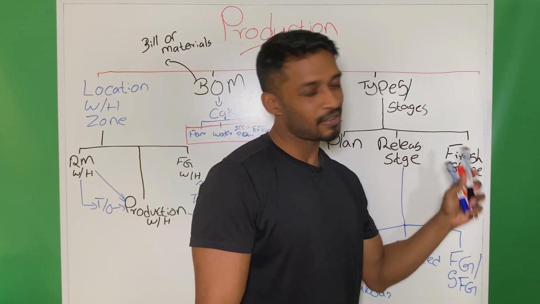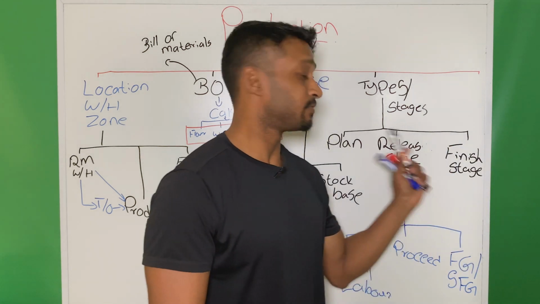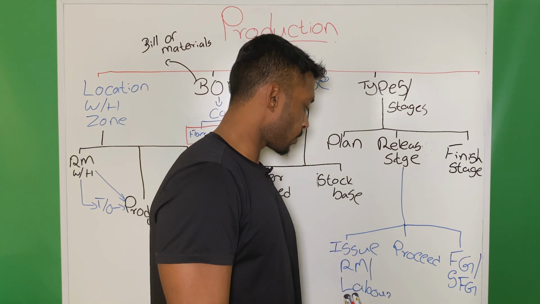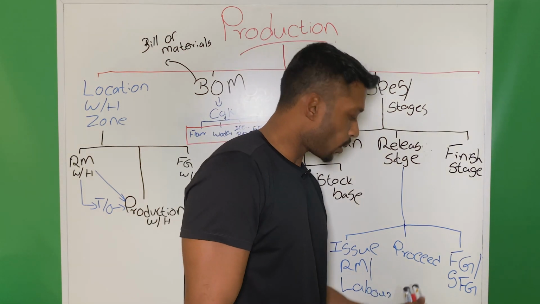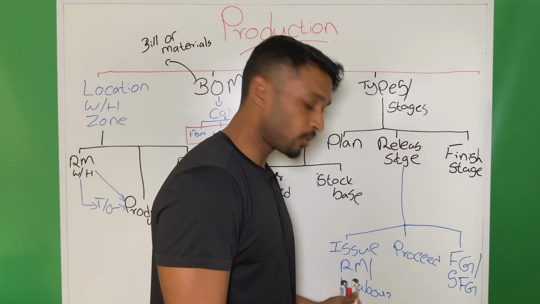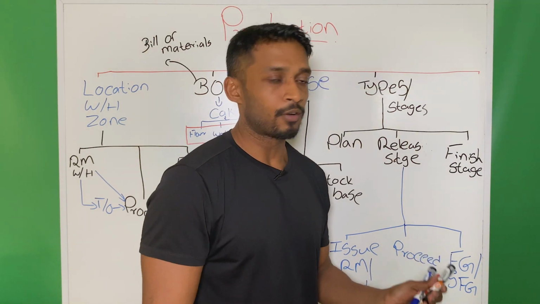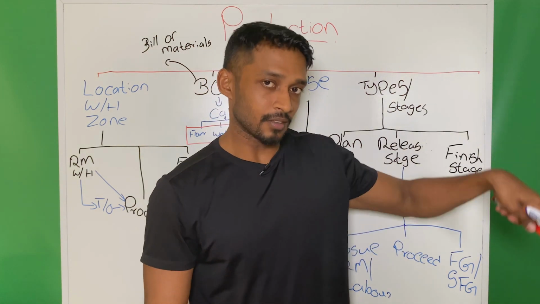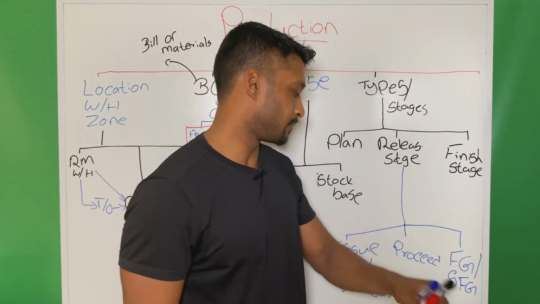You will get only a few double entries. Simply put, when you issue the raw material, all the raw material costs are removed from the raw material account and go to the WIP account, meaning the WIP account gets debited and the raw material account gets credited. It's very simple.